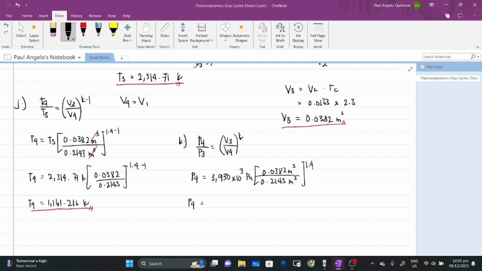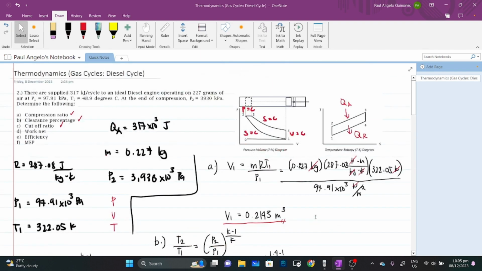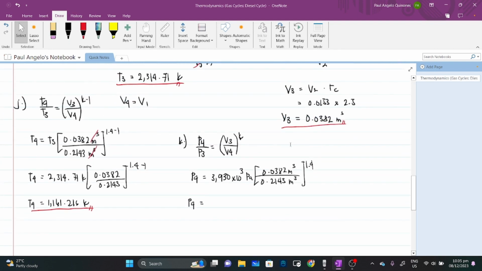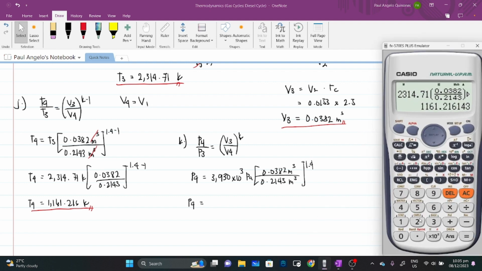Based on our PV diagram, P4 shall be less than P3. If you compute a value that is greater than P3, immediately you need to verify your answer and double check that.